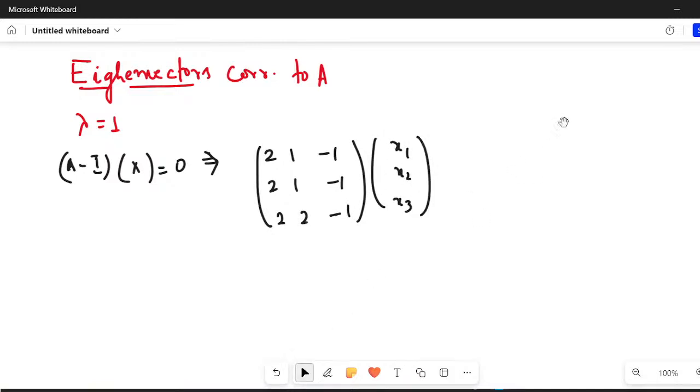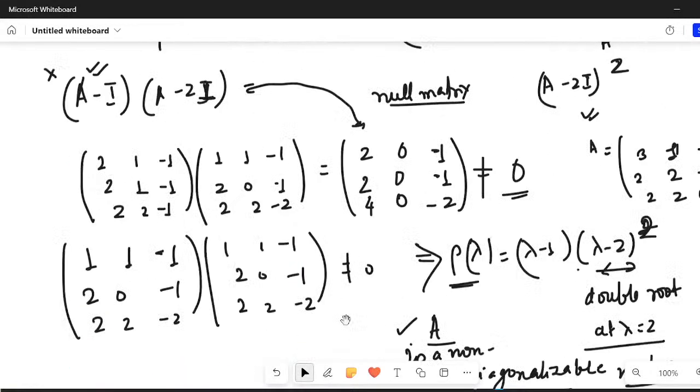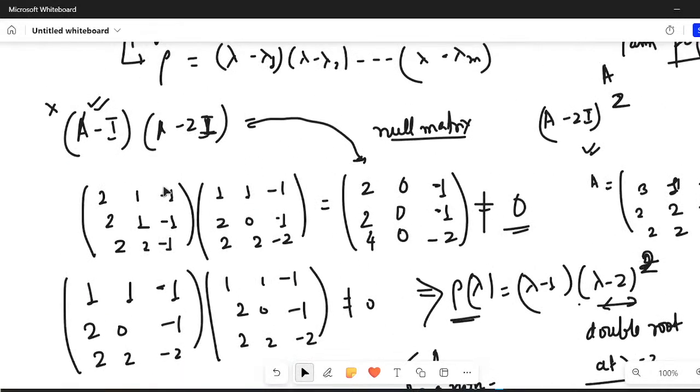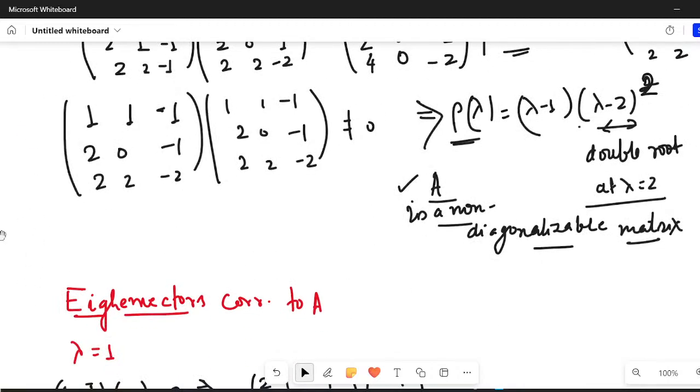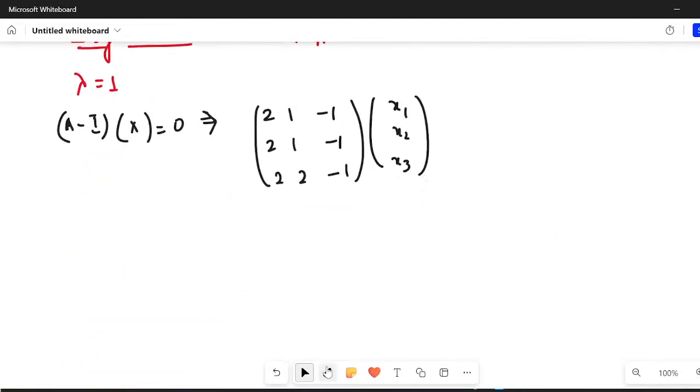Just see this. This is something that we have already done, A minus I, so I'm writing this only. So from here I'm getting 2x1 plus x2 minus x3 equal to 0, and the others are redundant.